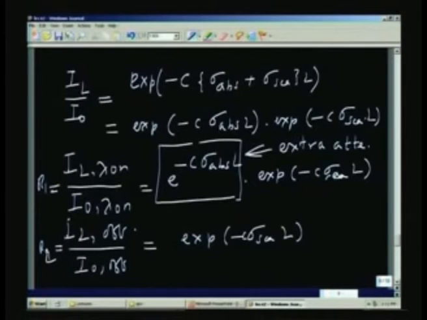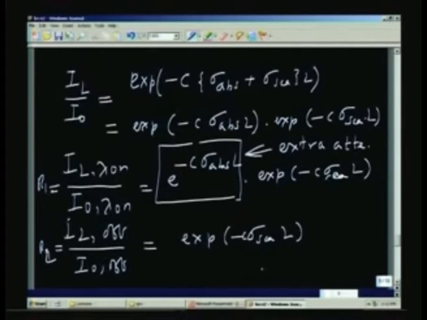If I am able to arrange that, then the ratio R1 by R2 is also equal to I L lambda on divided by I L lambda off. So, the ratio of the numerators will also give R1 by R2, if I am able to tune or adjust the intensities of both the radiations leaving to be the same value.